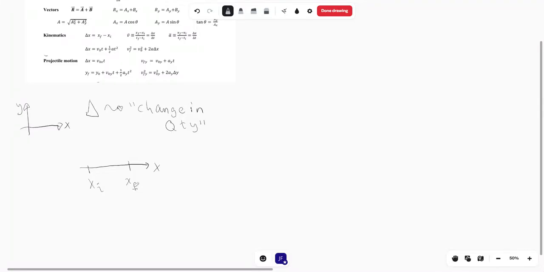And this little f means final. Our equation sheet gives us that delta x is equal to x final minus x initial. So the difference in our final x value from our initial x value.